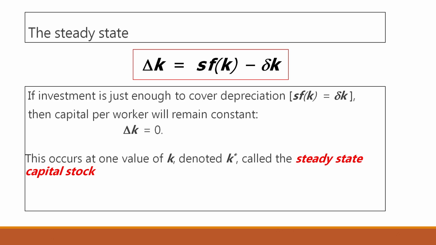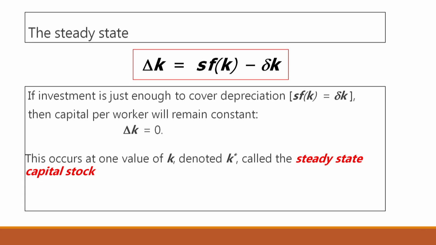Okay. So, at steady state this delta k, that is this change in k, is equal to 0. In other words, what it means is if the steady state has been reached, then there is no requirement for k to change. So, physical capital stock will neither go up, nor go down, it is going to remain unchanged.